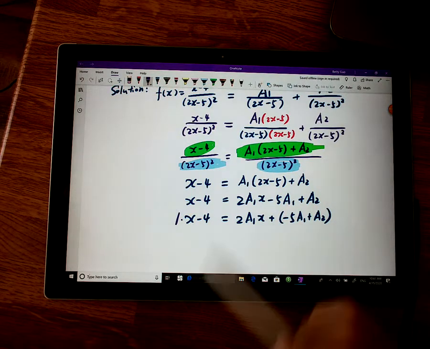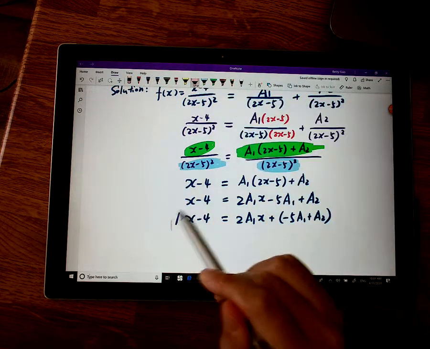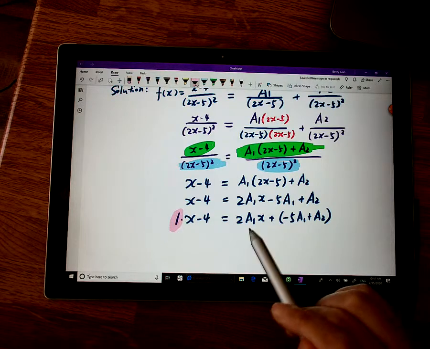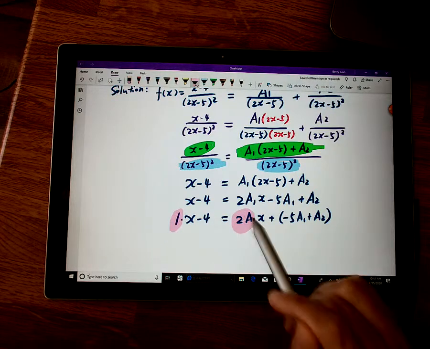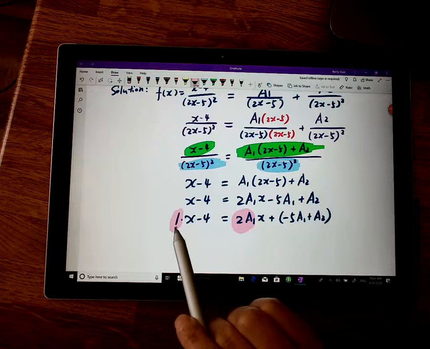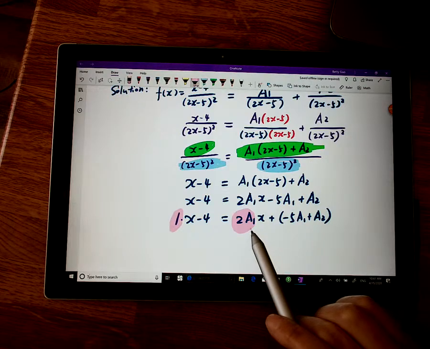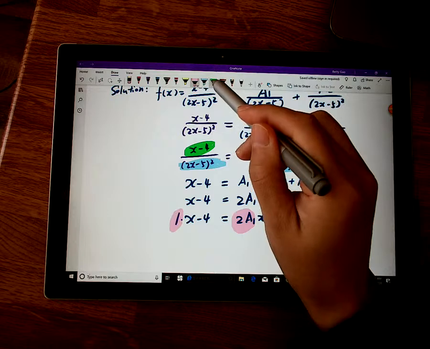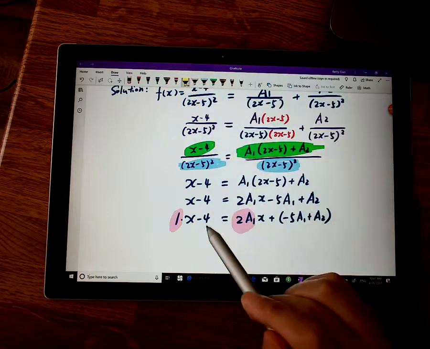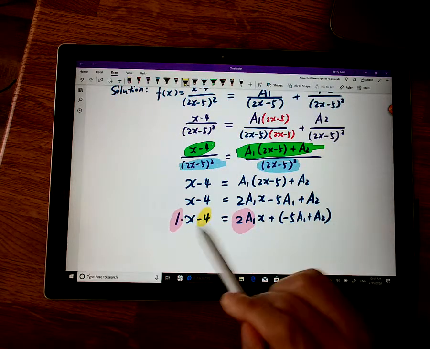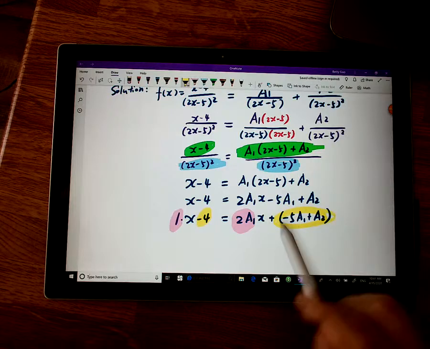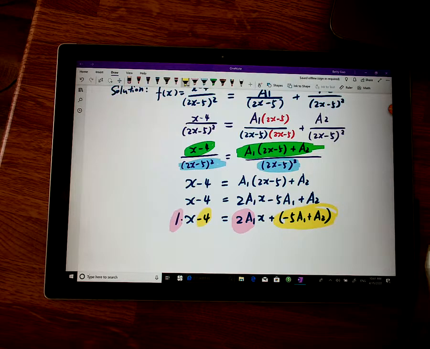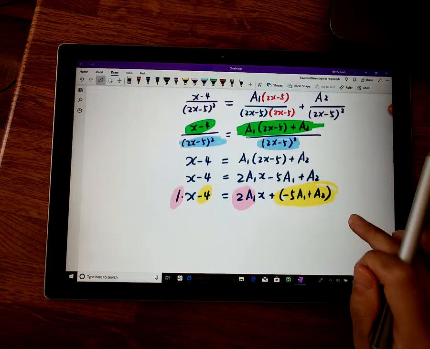It is 1, right? So the coefficient of x on the left should be the same as the coefficient of x on the right. The constant term on the left should be the same as the constant term on the right. So the corresponding parts should be equal to each other, right?